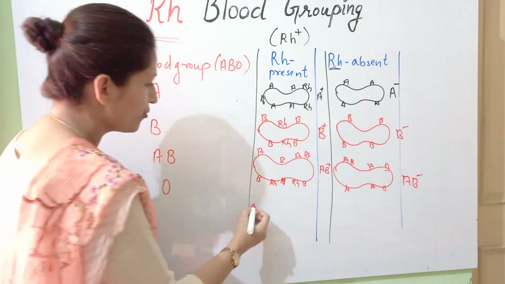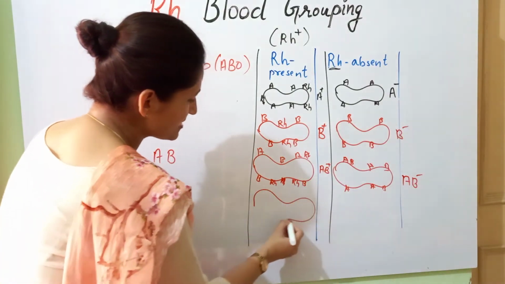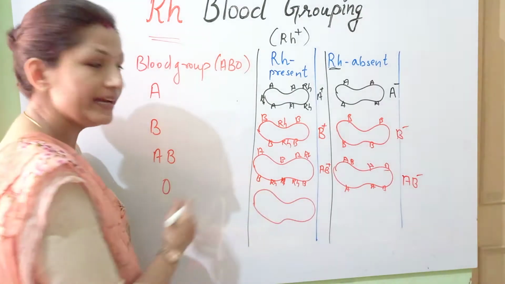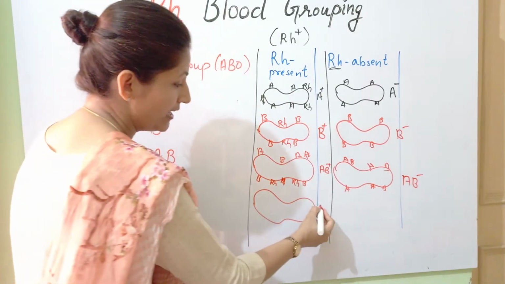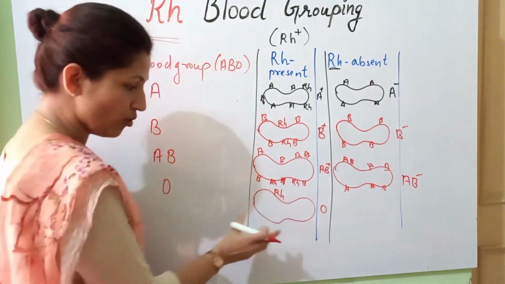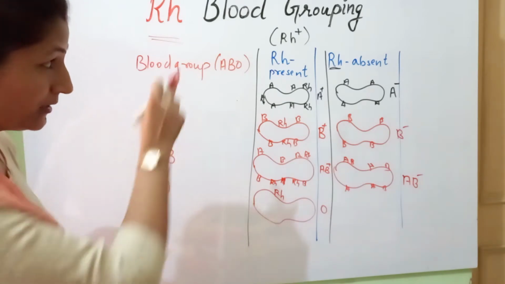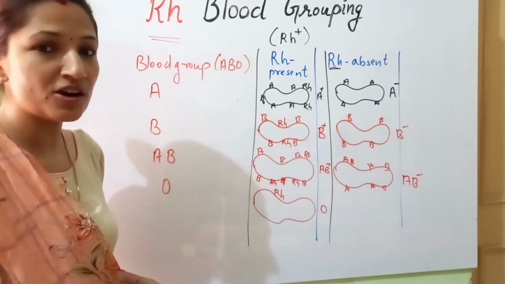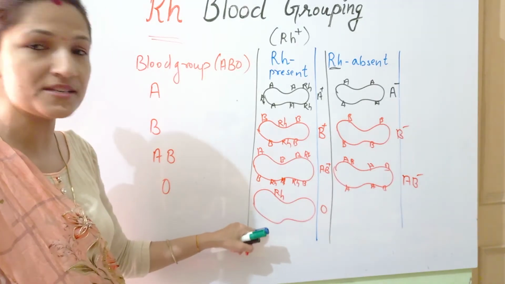Fine. O. For the O, the RBC is not going to contain any kind of antigen. As a result, the O blood group person only contains the Rh factor. Rest of the antigens are not present on the surface of RBC.